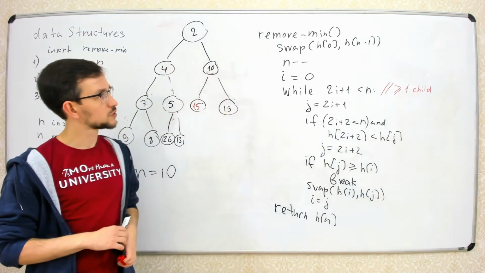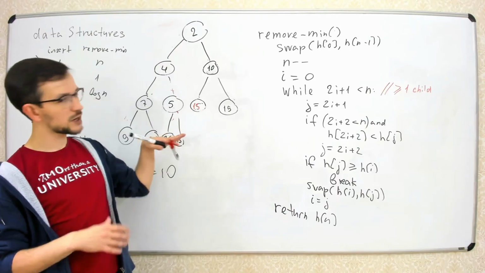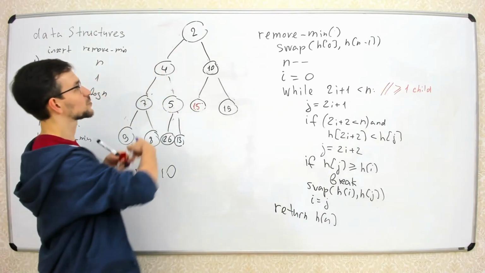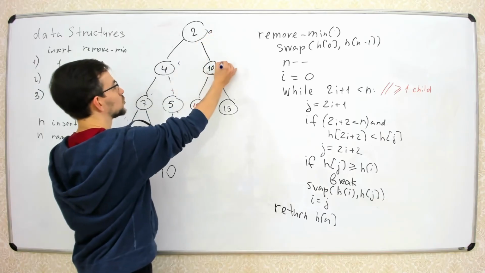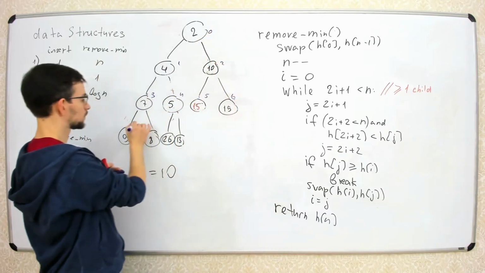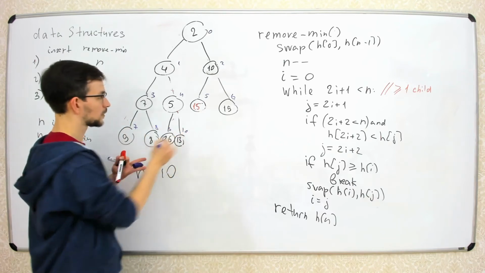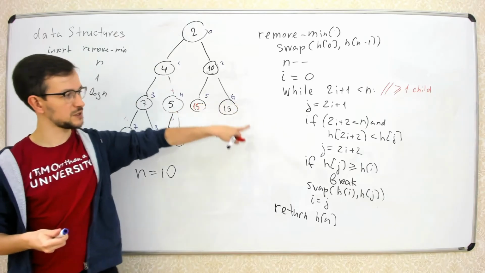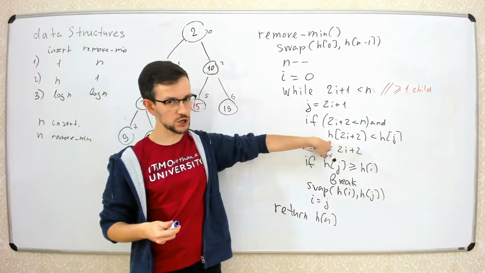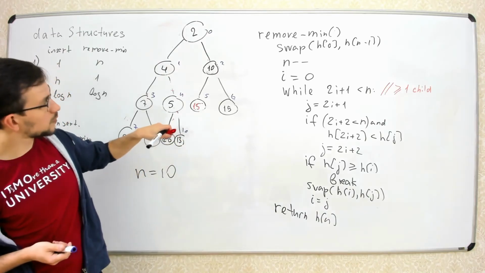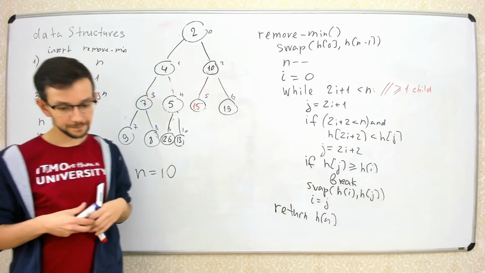We already discussed this. This tree represents the memory like in the big array. So we have an index of each element from here: 1, 2, 3, and so on. And we just put these elements using these indices in array H. We have this array H containing all these elements using these indices.